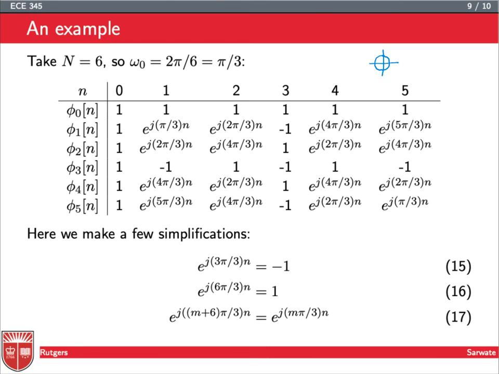So it's actually just going to bounce between plus 1 and minus 1, and so on and so forth. So here we're making some simplifications in the table, but basically we're just jumping around in steps around the unit circle. And we're actually only taking 6 steps around the unit circle to get back to the origin. That's what's going on in this table here.